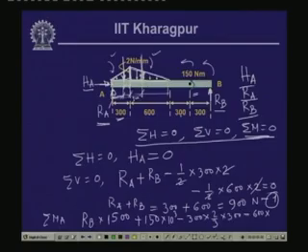So, the total distance of this load from this end is 500. So, this is into 500, and this equals 0.